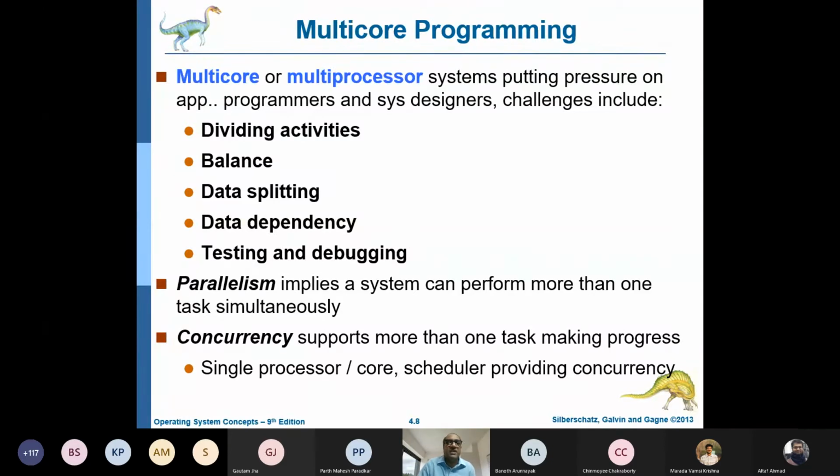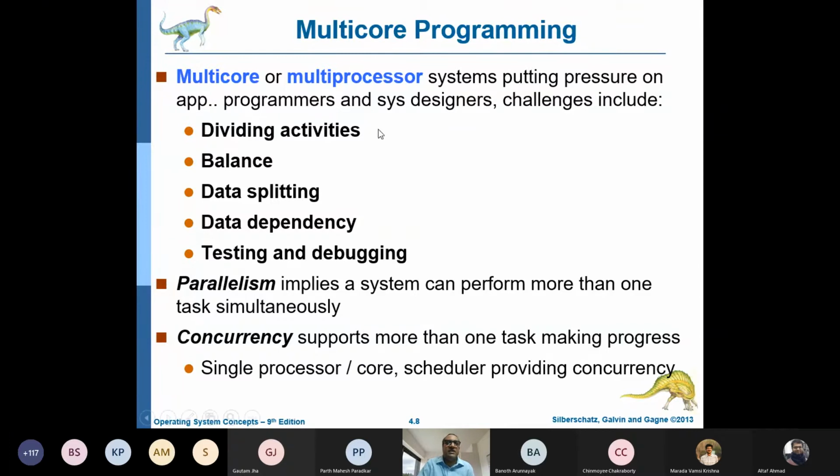But in the multi-threading concept, you have several execution sequences, and there may be lots of dependencies between the paths. In that context, testing the correctness of a program, or debugging if there are any errors or mistakes, will be very tough and very complex.